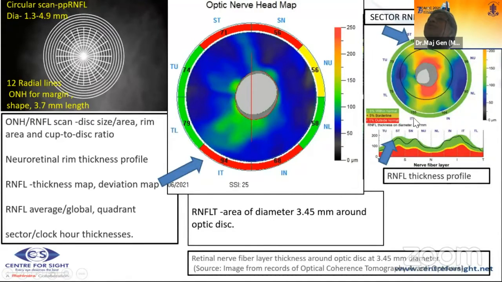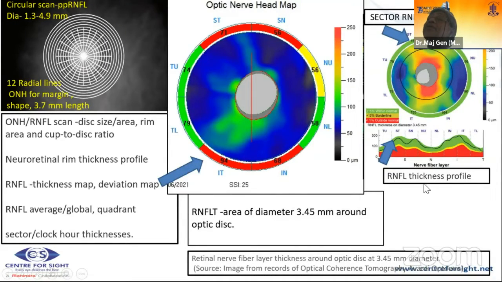In comparison, I'm showing you another patient who has bright red and yellow colors, showing very good nerve fiber thickness, both superiorly as well as inferiorly, and hardly any thinning. Again, the normative data in comparison is all green, therefore it's very good.